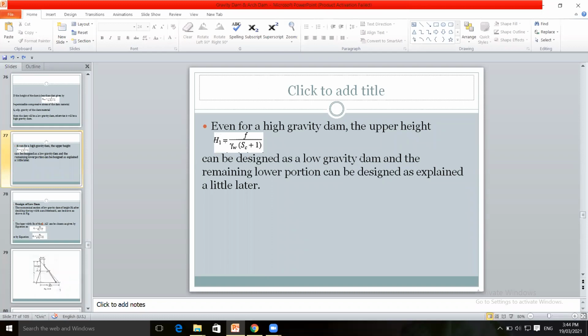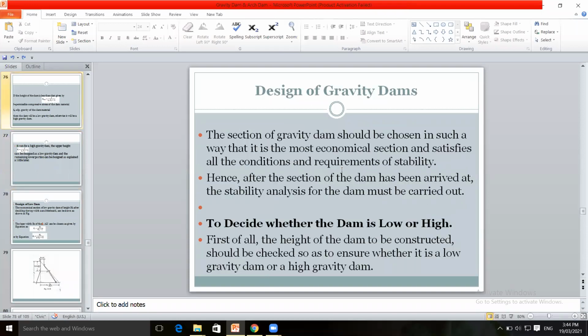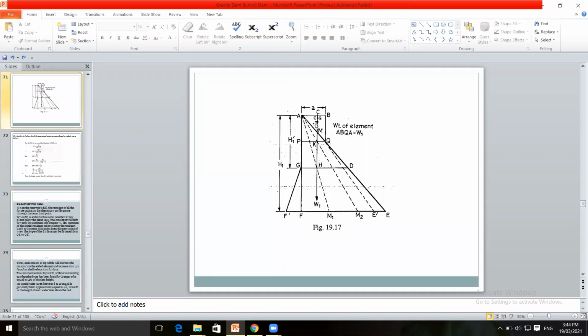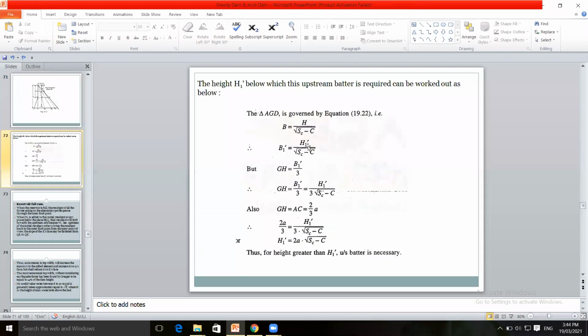H1, the upper height for a high gravity dam, is shown in this image. So the upper height H1 is the height of the low gravity dam.